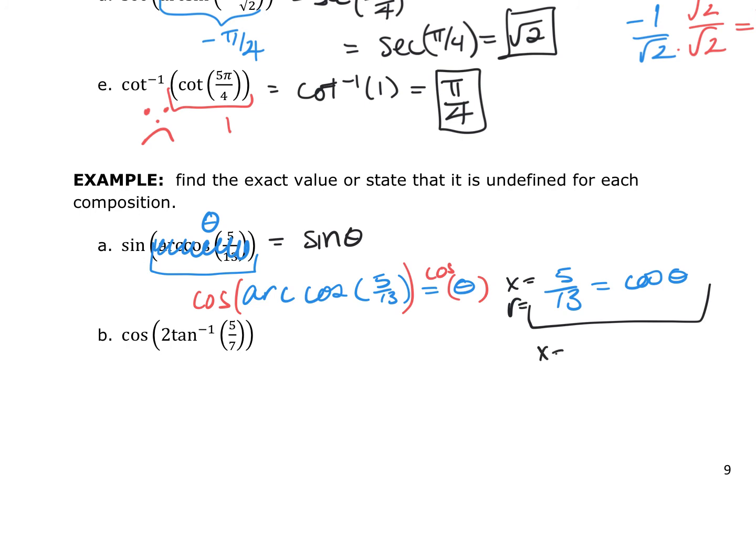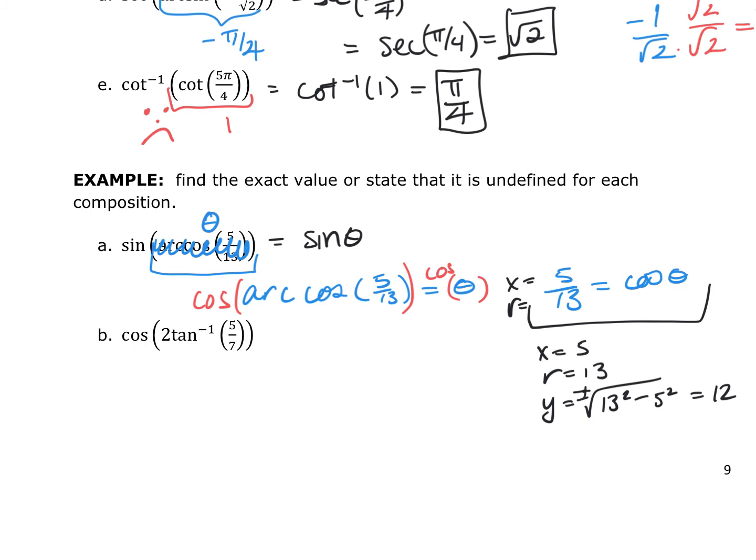So I know x is 5, r is 13, y is going to be the square root, plus and minus, and I'll deal with that in a moment, of 13 squared minus 5 squared, which is going to be the square root of 144, which is just going to be 12. It's because it's a 5, 12, 13. You were like, oh, I was so impressed. No, it's a 5, 12, 13.